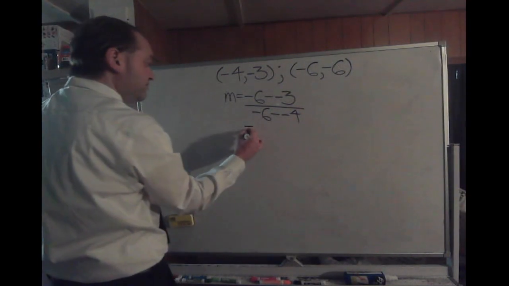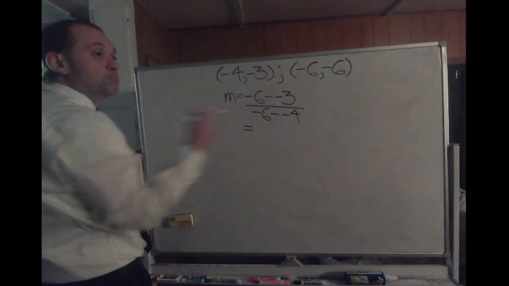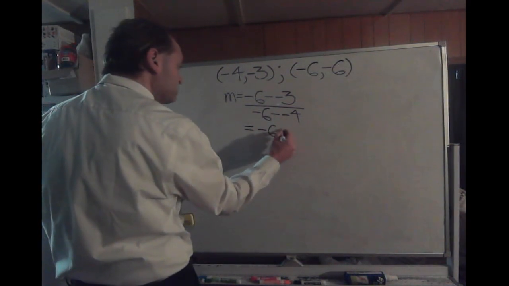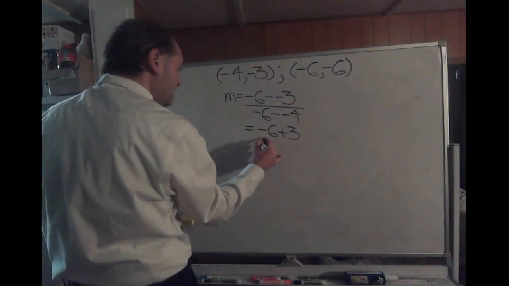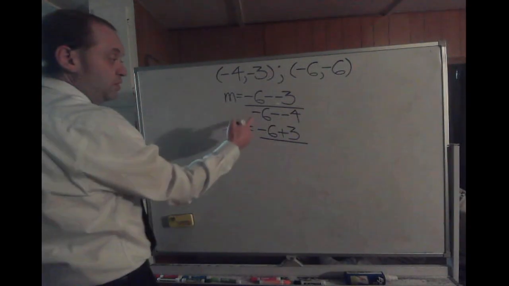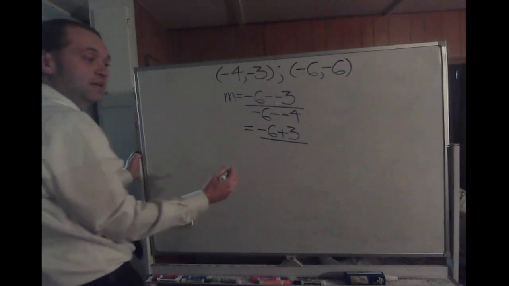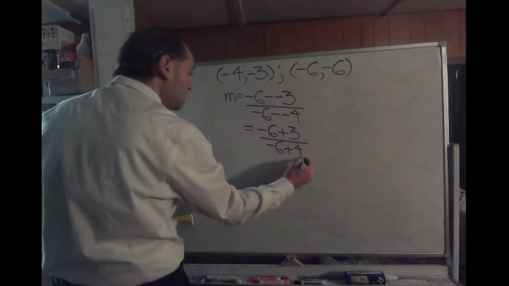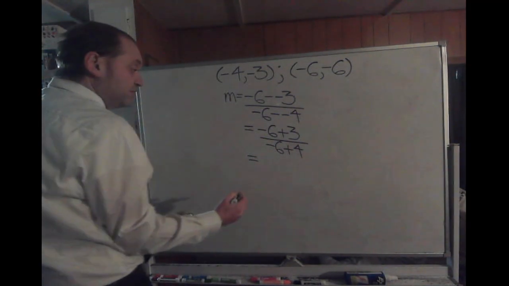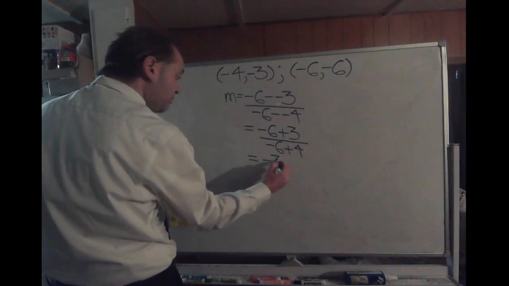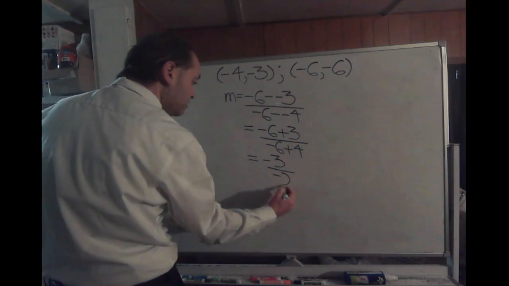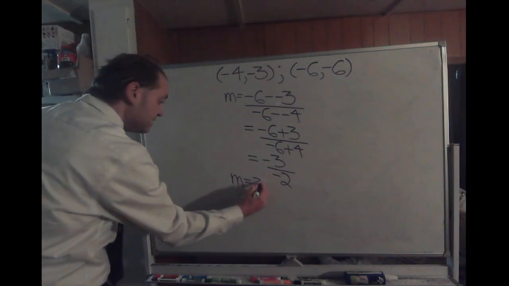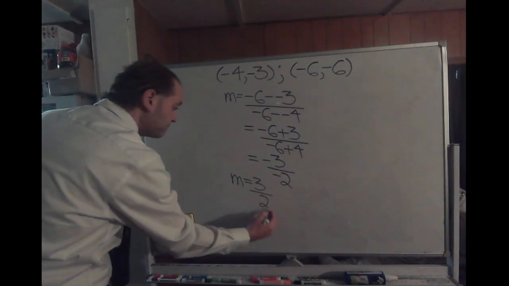Well, we can simplify this a bit. What's -6 minus -3? That's going to be -6 plus 3, divided by, then what's -6 minus -4? Well, that would be -6 plus 4, which would end up simplifying into -3 over -2. -3 divided by -2 would turn the slope into positive 3/2.